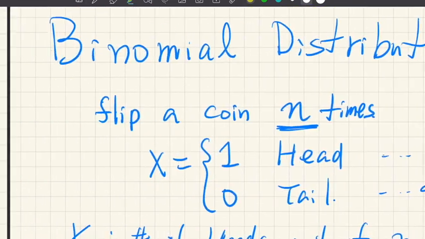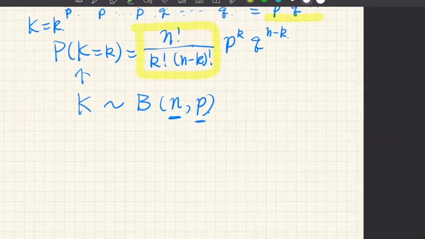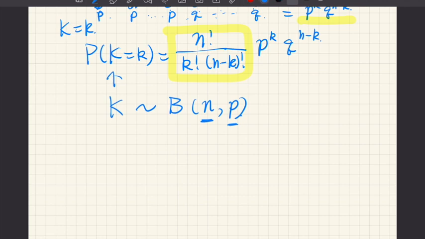So let's study some properties of the binomial distribution. First of all, its expectation value is np. So n is this parameter, and p is this parameter, the probability.